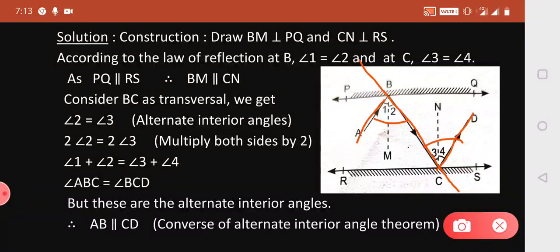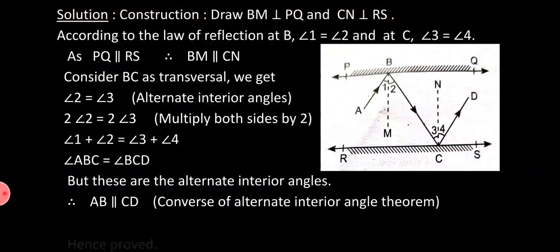If one pair of alternate interior angles is equal, then the given two lines are parallel according to the converse of alternate interior angle theorem. Therefore, we write AB parallel to CD. Hence, proved.